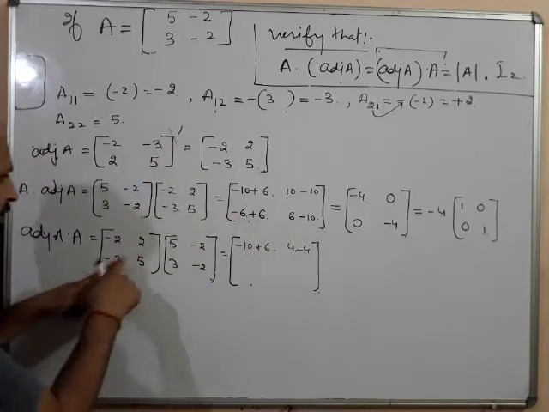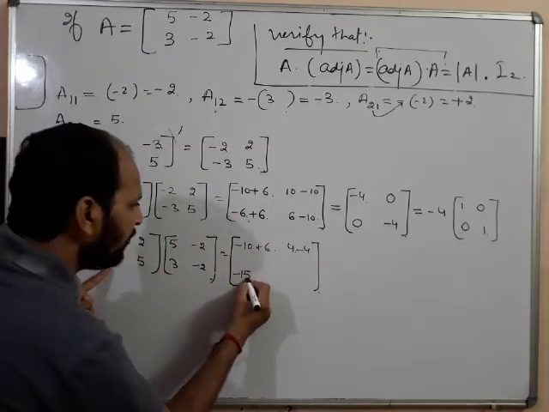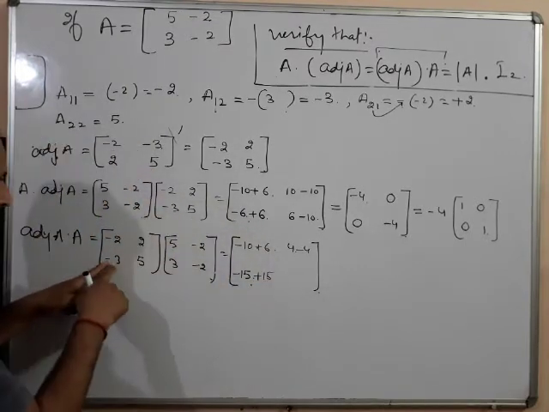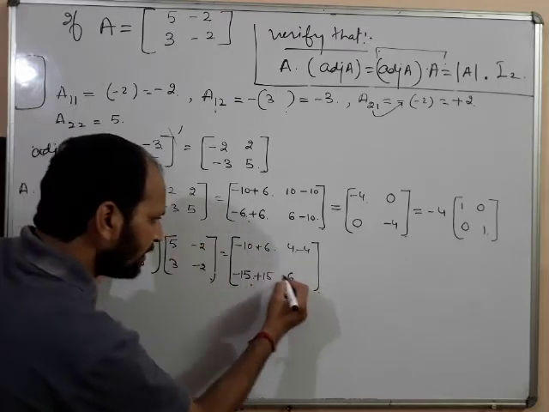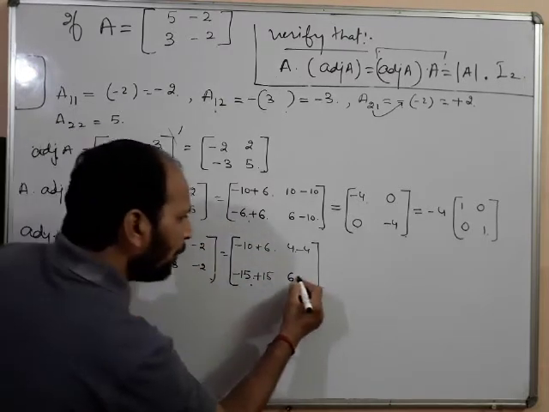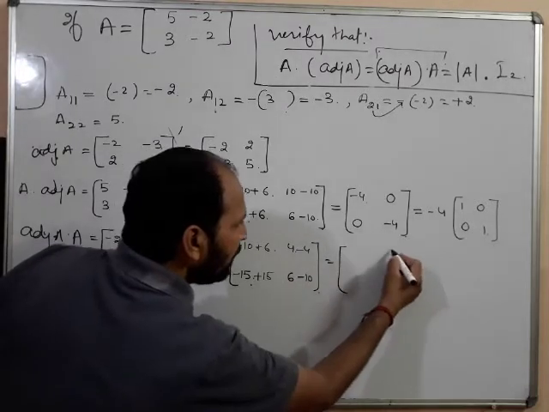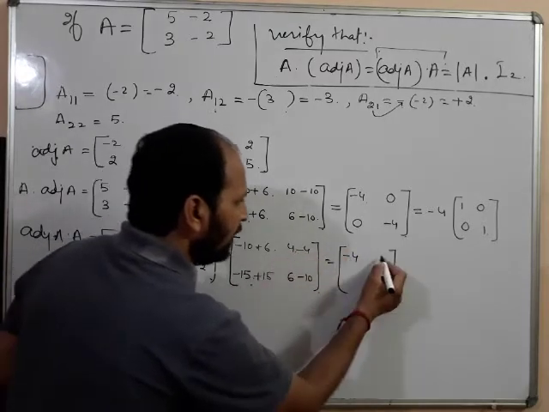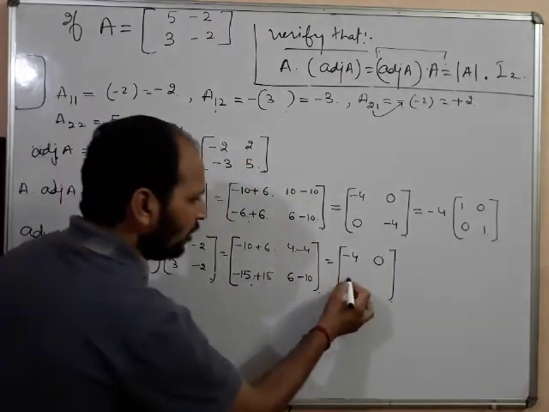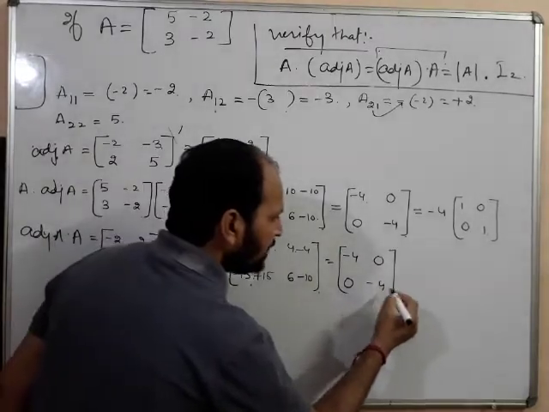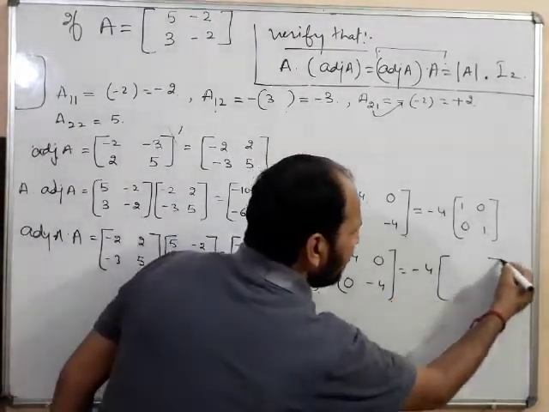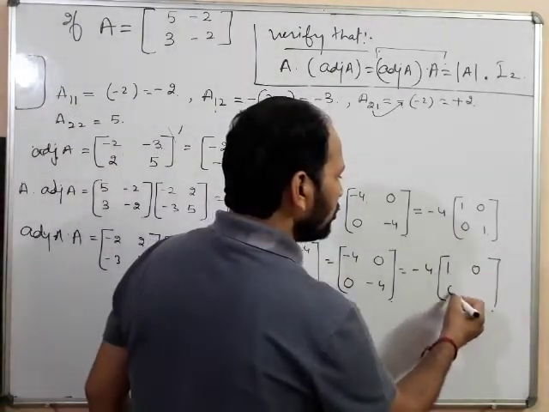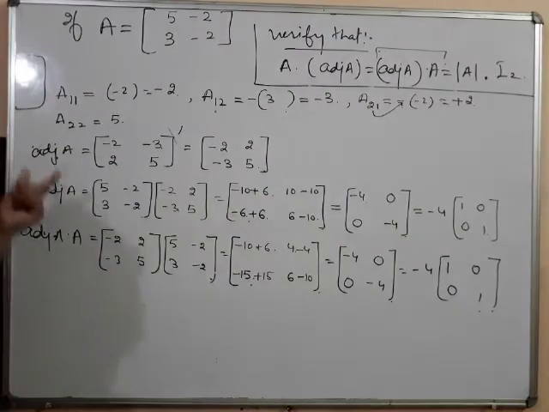Minus 3 into this minus 15, 5 into 3 plus 15, minus 3 into minus 2 is 6, 5 into this minus 10. Solving this, we get minus 4, 0, 0, minus 4. Taking minus 4 as common, here will be 1 0 0 1. That is the adjoint.